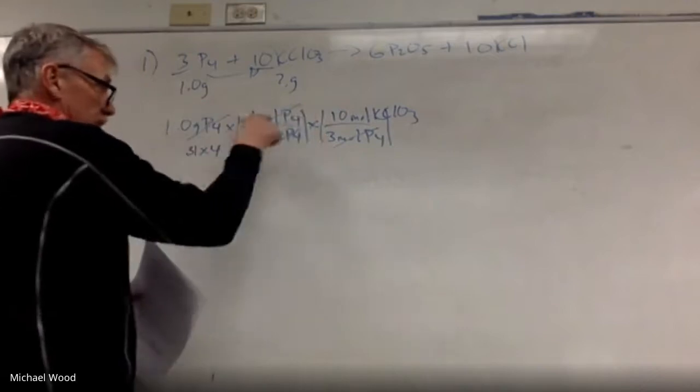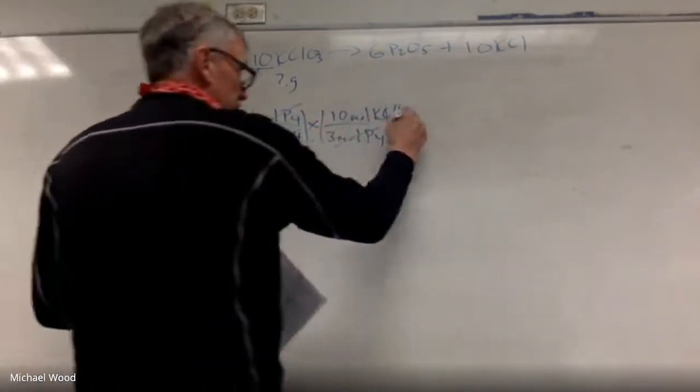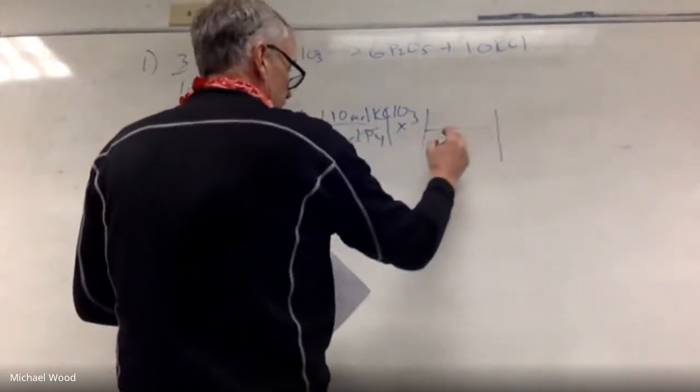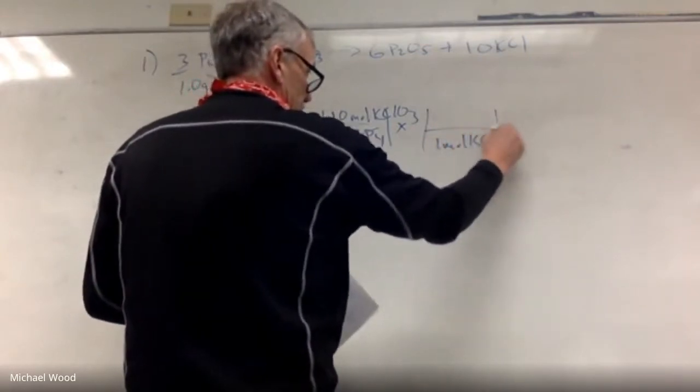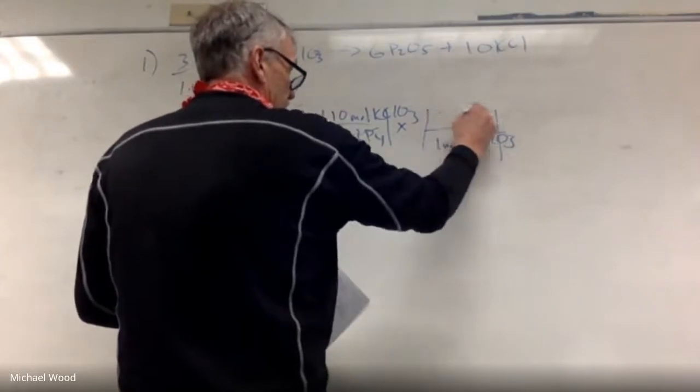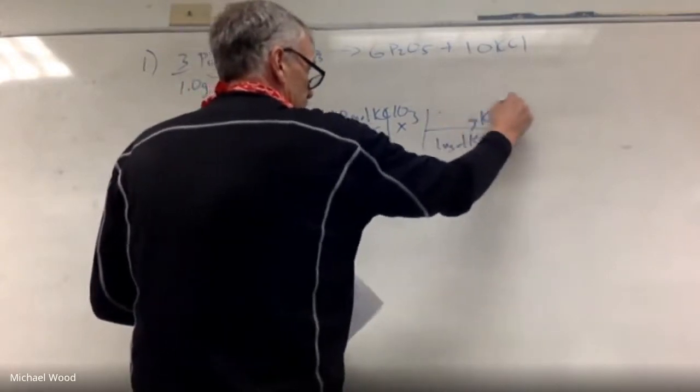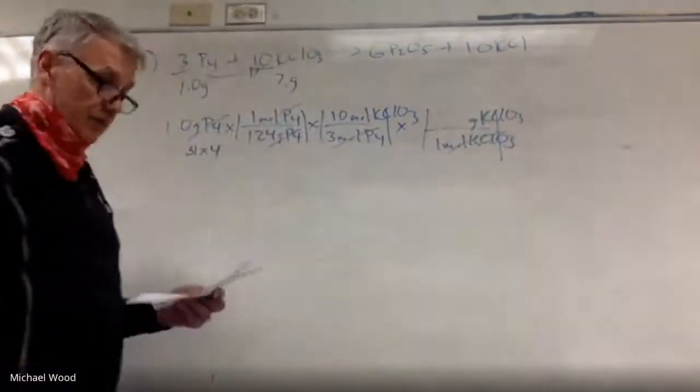Okay, so I converted to moles, then I did mole to mole, and then the final step is I'm going to convert it back to grams. So for every 1 mole of KClO3, on top, I'm going to put the grams of KClO3. So I'm going to find the molar mass of KClO3.